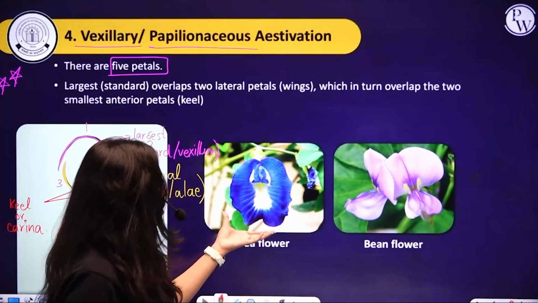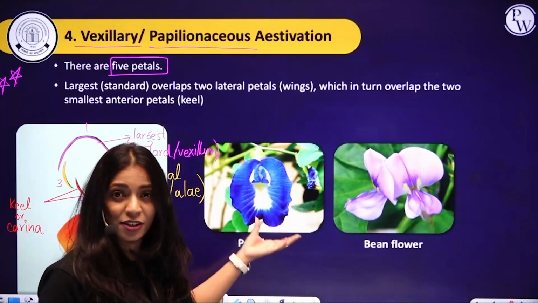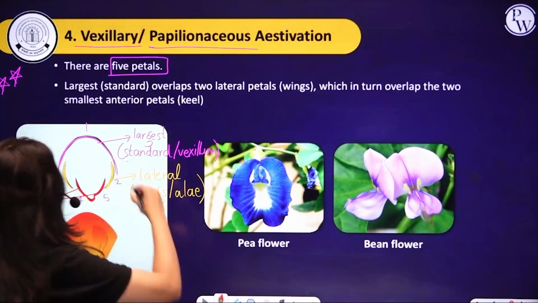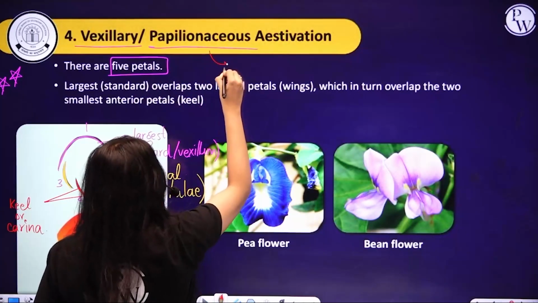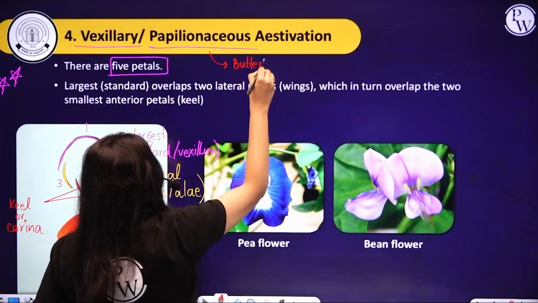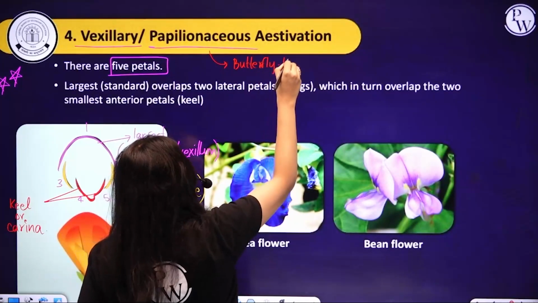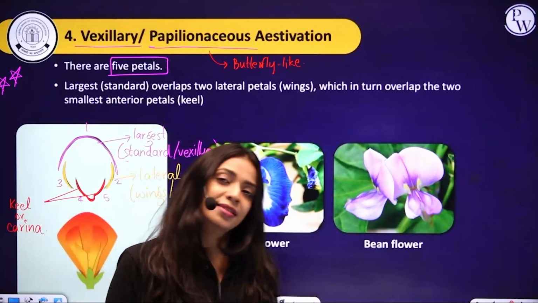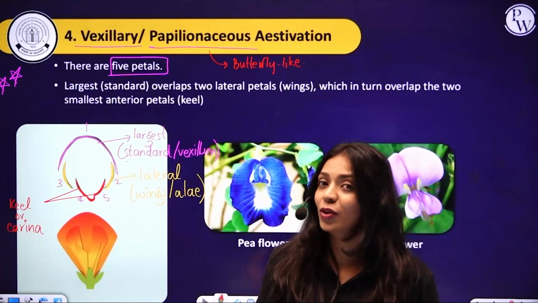Since the flower's petals that are arranged in the form of this estivation appear like butterflies, it is called papilionaceous. Papilionaceous means butterfly-like. Since the petals in these flowers appear like butterflies, this type of estivation is called papilionaceous estivation.